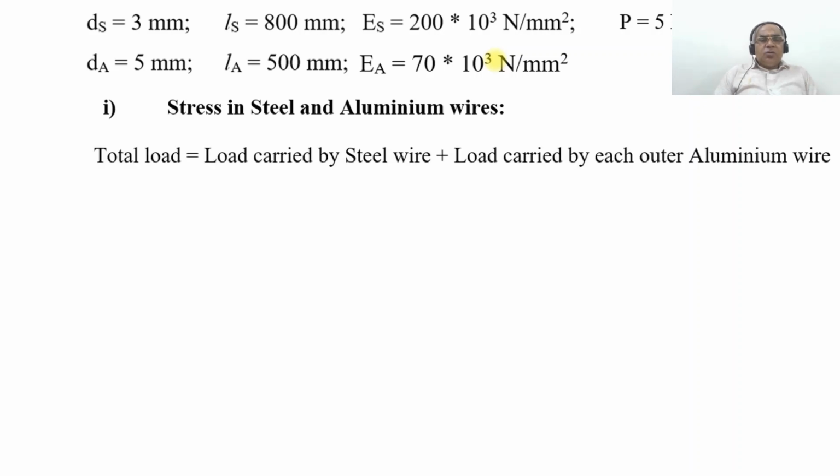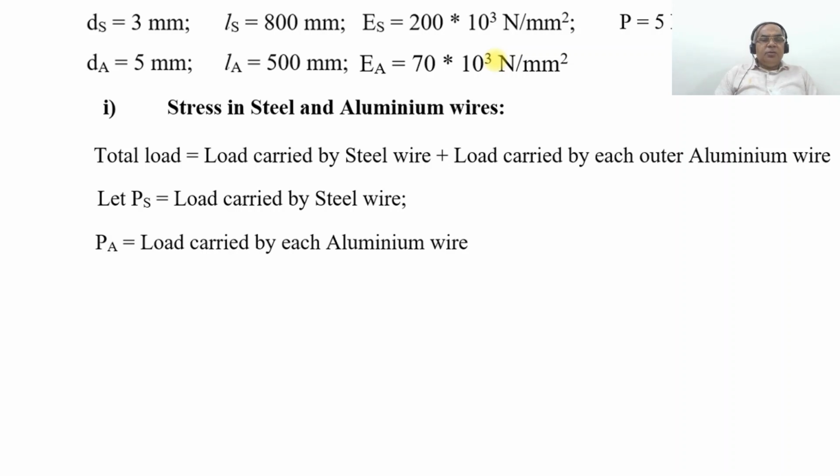First, the total load will be equal to the load carried by the steel wire plus the load carried by each of the outer aluminum wires. Let P_S be the load carried by the steel wire and P_A the load carried by the aluminum wire.